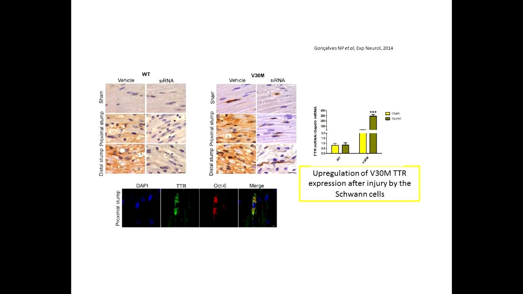So this is the main message: you can upregulate human TTR synthesis after injury by Schwann cells, the Schwann cells that then have an impaired chemotactic response.